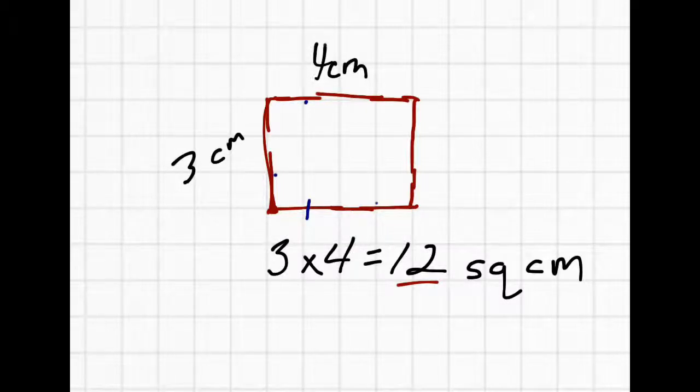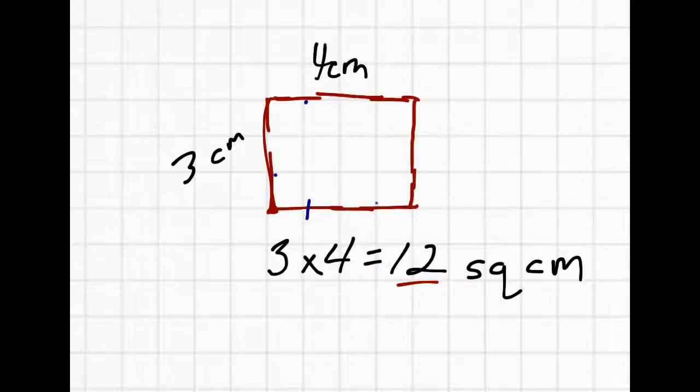Let's try a slightly more challenging example. I've drawn a similar looking rectangle, but there's no grid paper. So I don't know yet how many units high and how many units wide it is. I need more information, so I'm going to help you out. I'm going to say that, hey, look, it's again 3 centimeters high by 4 centimeters wide. I have no grid paper, but it's really the same problem as this one.